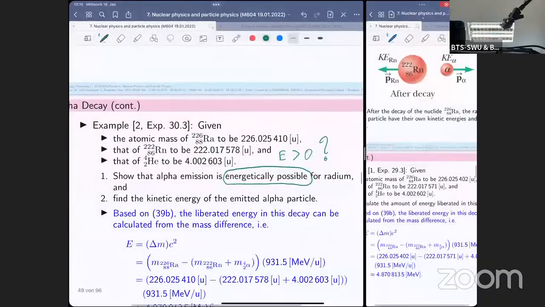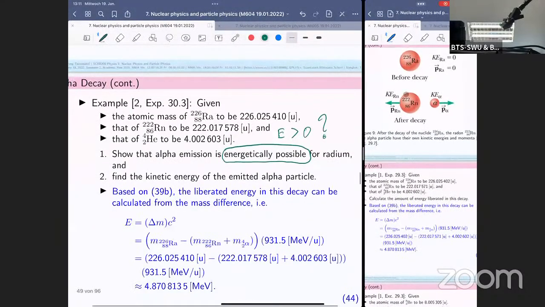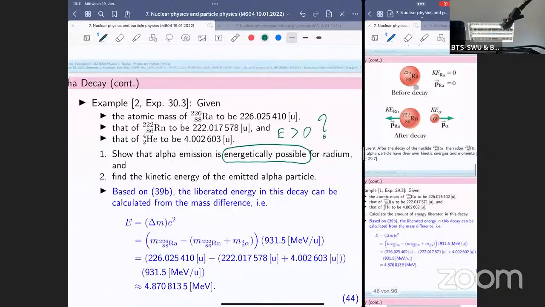But if you calculate it again using the source from book number 2, we have the two daughter nuclei, so the summation of the mass of the radon and the mass of the alpha particle. We take the value from book number 2, and this one is the mass of radon taken from book number 2, right?